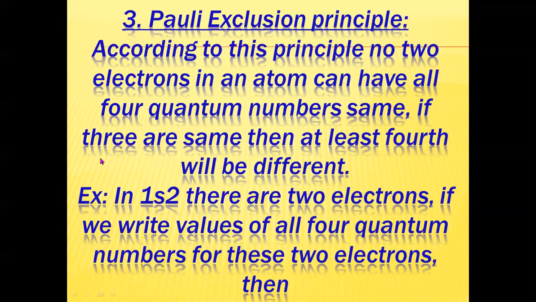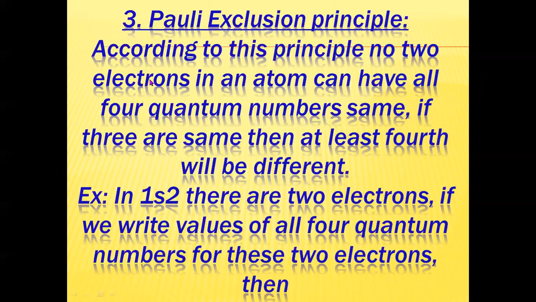Now, the third principle is called the Pauli exclusion principle. The Pauli exclusion principle says that no two electrons in an atom can have all four quantum numbers the same. What are the quantum numbers?